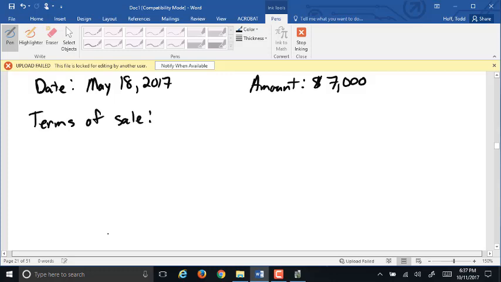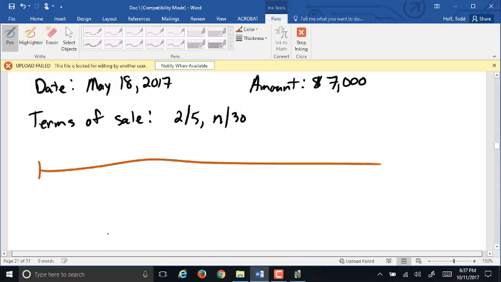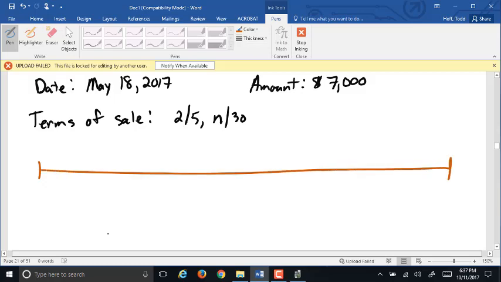Terms of sale, $2,500 net 30. Let's do our timeline here. Oops. Let's make that look like a line. What goes at the beginning here? Yep, so that's going to be May 18th, 5/18.